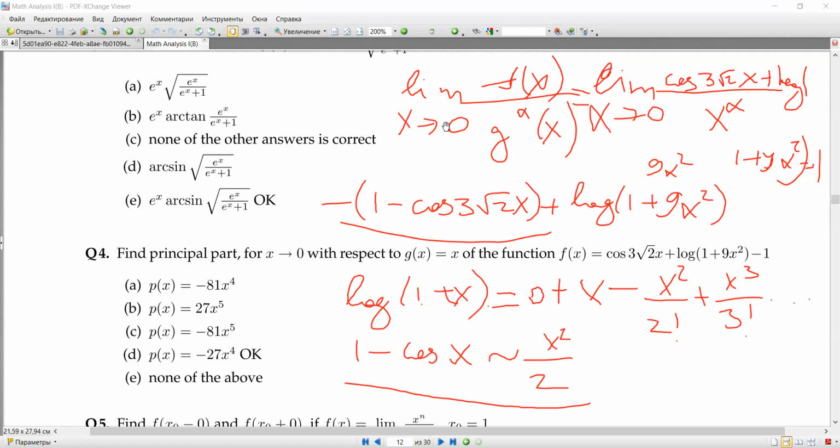And now here we have minus x squared over 2, where x is now this one: 3 multiplied by square root of 2, squared, it will be 18x squared, divided by 2. And next one here, x squared over 2.